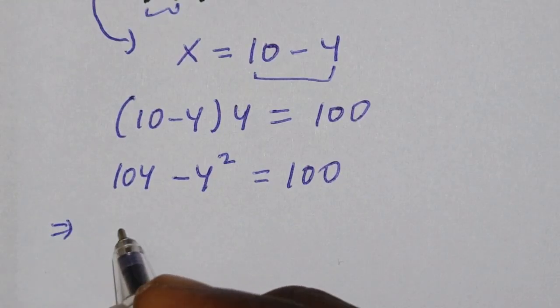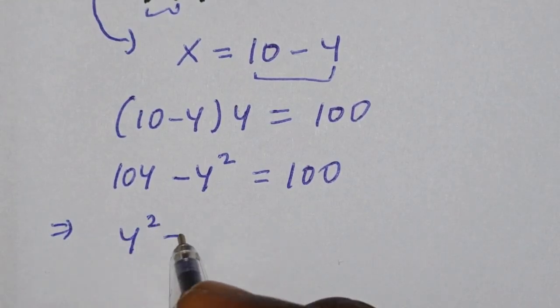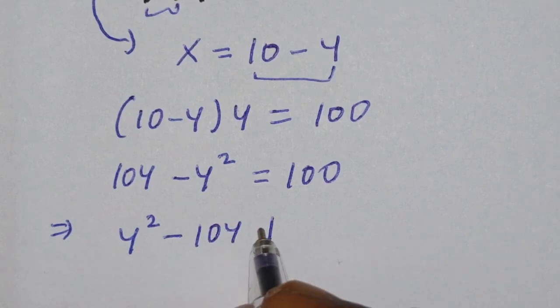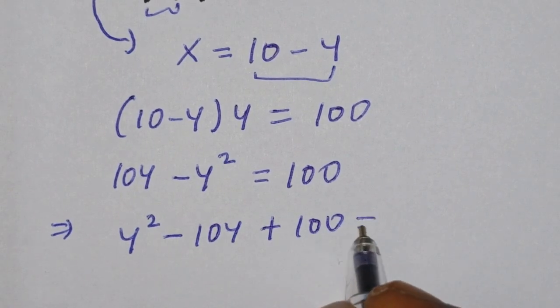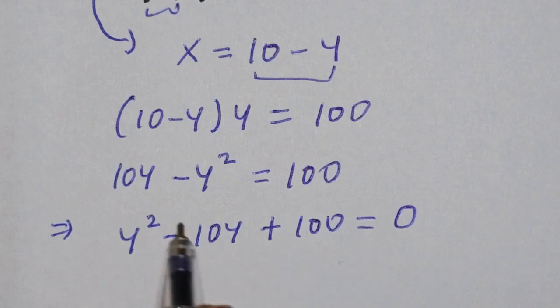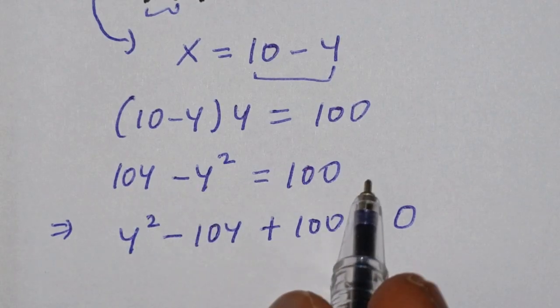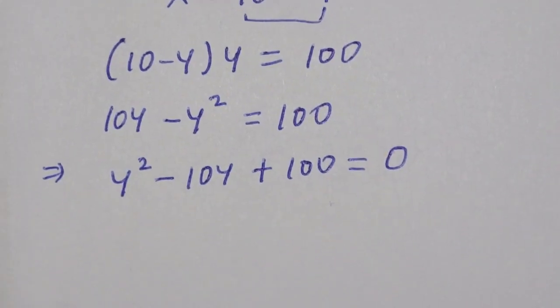This implies that y square minus 10y plus 100 is equal to 0, by moving each of these terms to the right hand side. Let's continue.